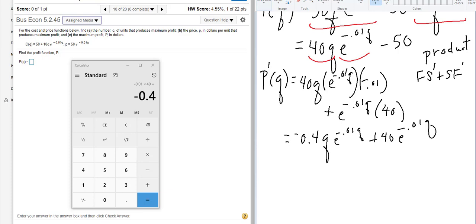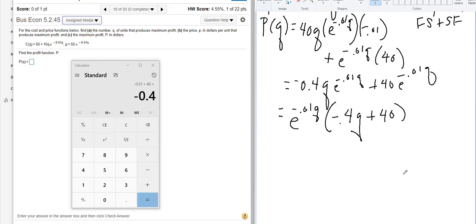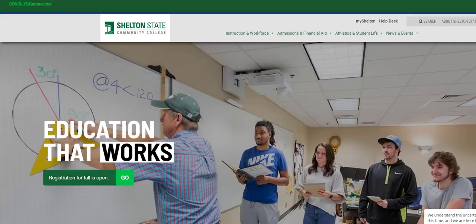And all I did here is I moved this 40 to the front. These have a common factor of e to the negative 0.01Q, and that's going to leave me negative 0.4Q plus 40.